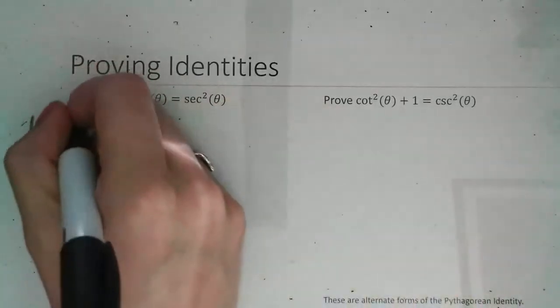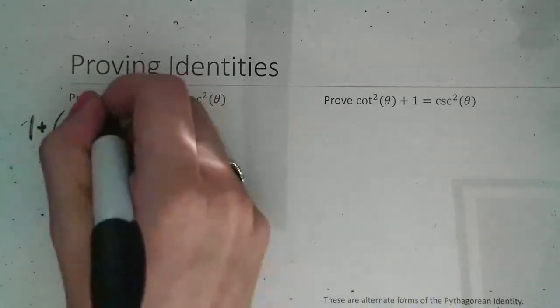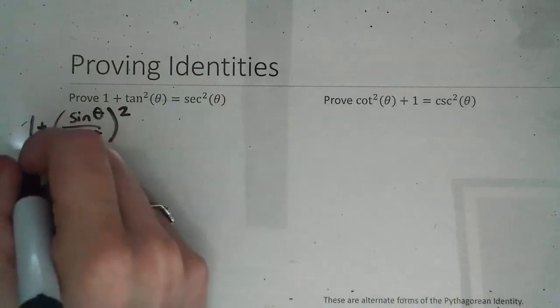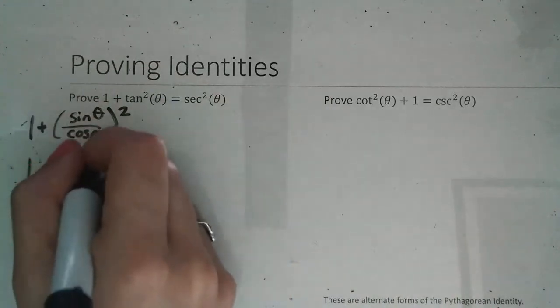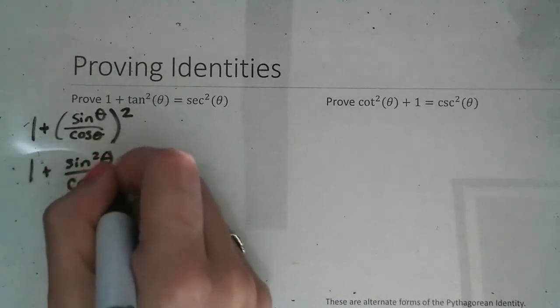So it'll be 1 plus tangent is sine of theta over cosine theta, and that is squared. Well, that means I have 1 plus sine squared theta over cosine squared theta, because I can distribute the square to both the numerator and denominator.